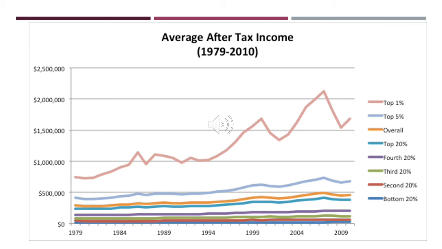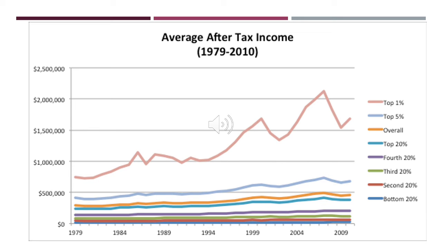So it's risen steadily with fewer peaks and valleys, but not nearly as much. The orange shows the overall trend for all US Americans, and you can see that it's grown a little bit. It's grown from about, say, $300,000 in 1979 to right around $500,000 in 2009, with dips for recessions.